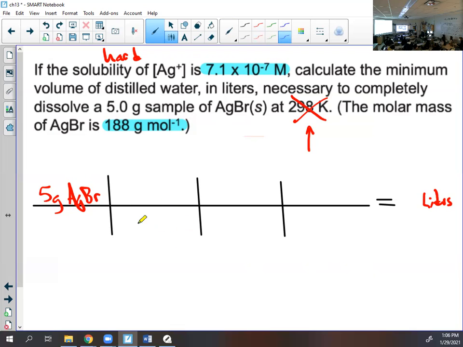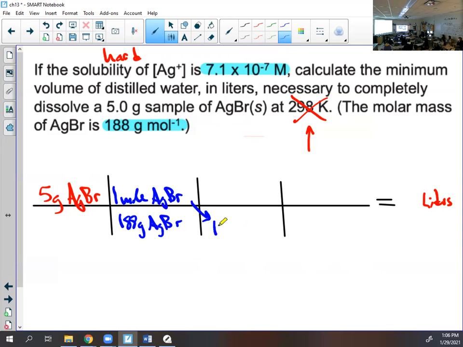All right, grams of AgBr, which is 188 grams of AgBr. And grams is always per what one thing? 1 mole of the same thing. Which means what must you have down here? Okay, hold on.